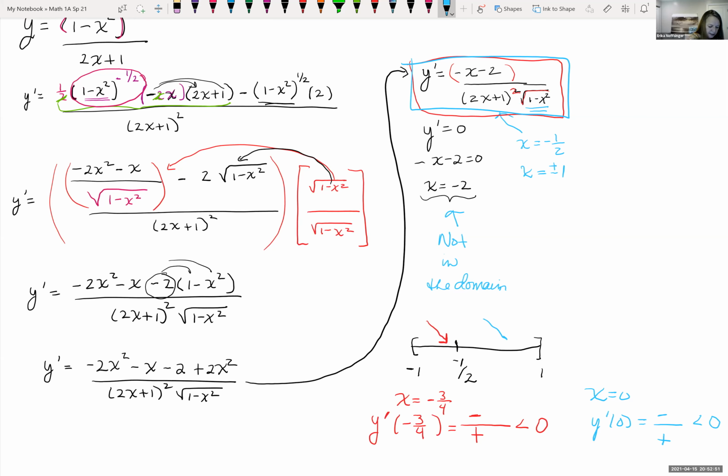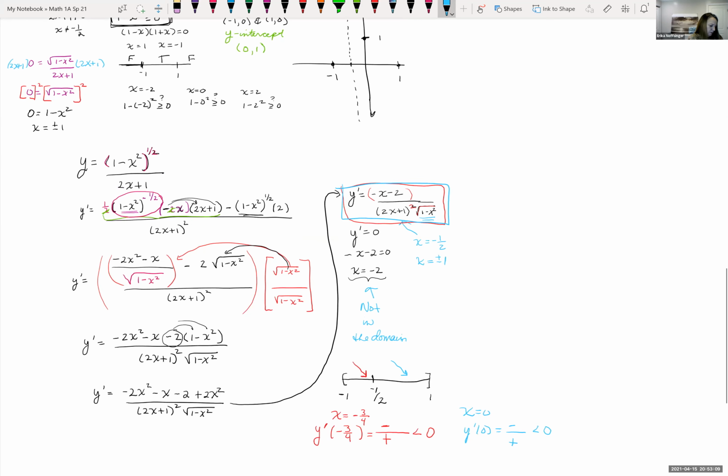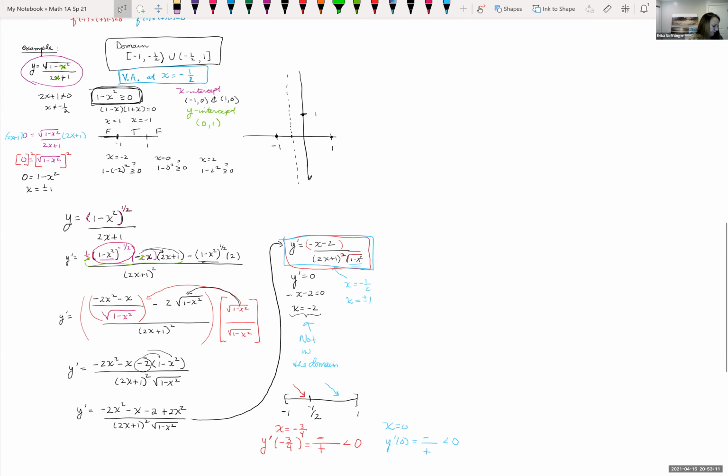So it's decreasing everywhere. Is that possible? Because we found that it was equal to 0. Oh yeah.